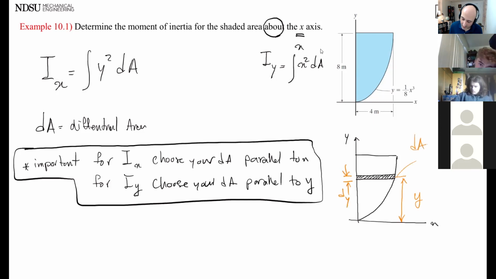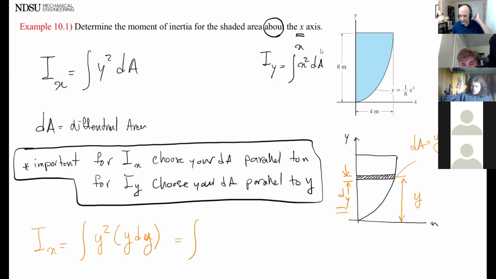So let's put it back in the equation: y² and my dA is y dx. Oh, why did I put that? It's y dy. Sorry. There we go. So it's just going to be y³ dy.